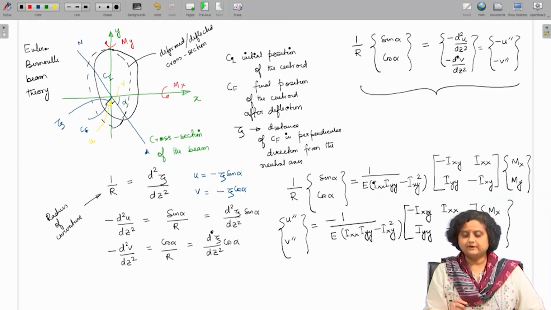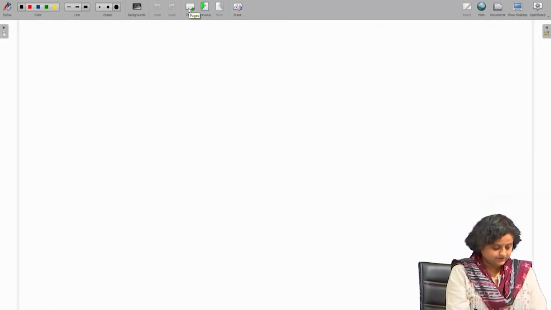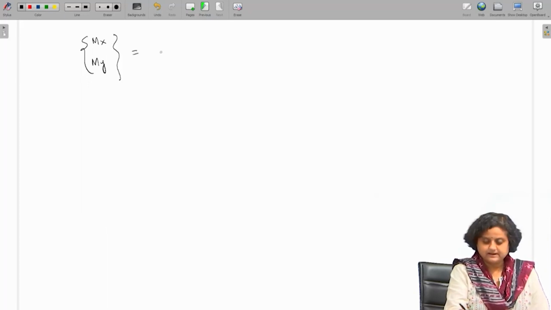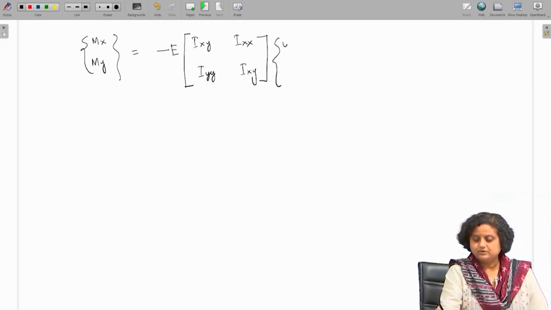Now, if we invert this relation, then we can write Mx and My in terms of u double dash and v double dash as minus E times the matrix Ixy, Ixx, Iyy, Ixy multiplying u double dash and v double dash.